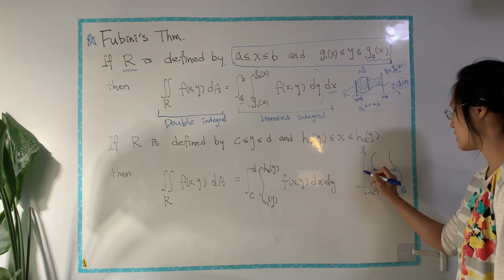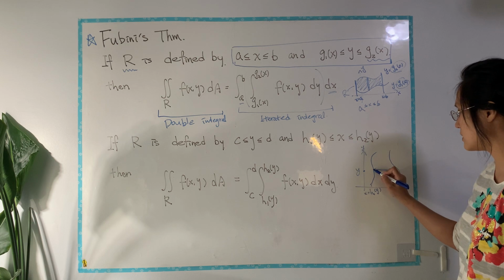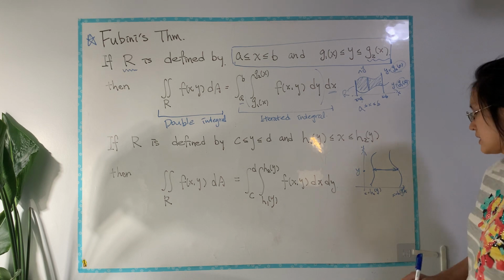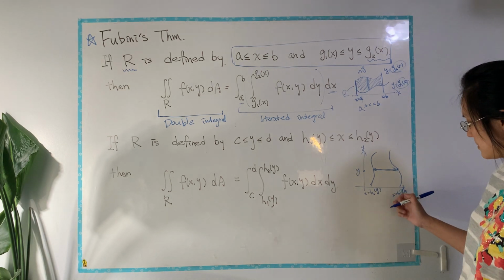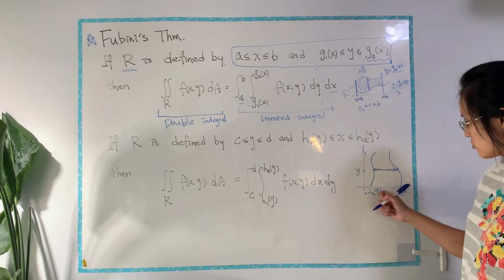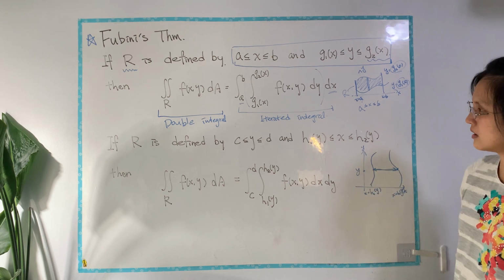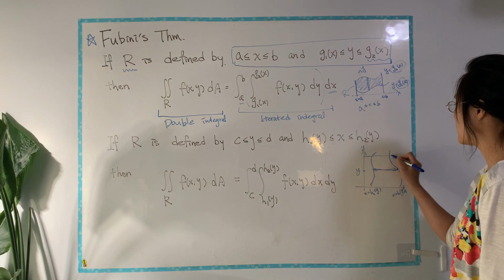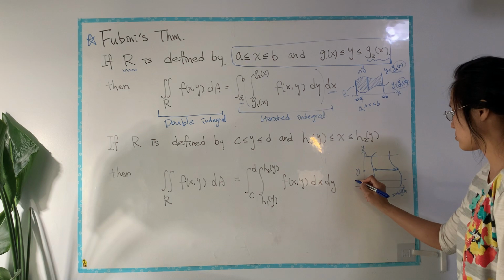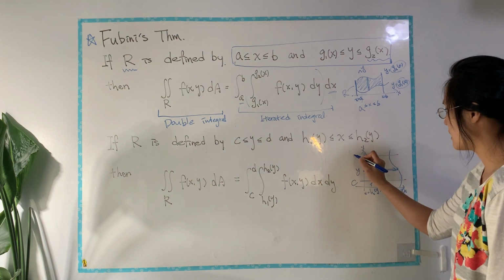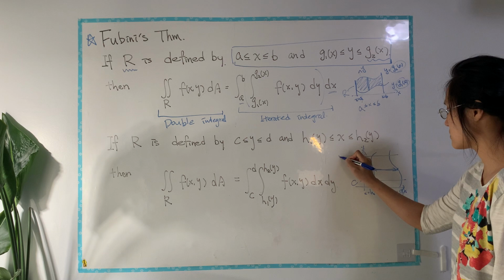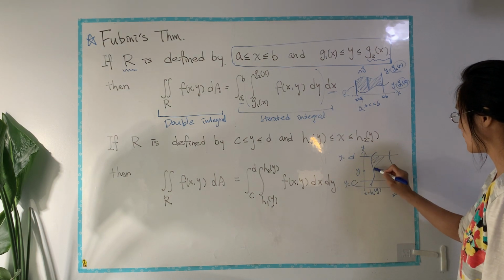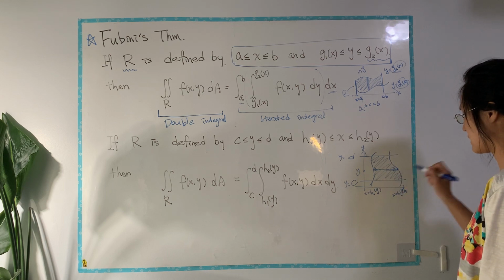For each y value, you have a lower limit for x and then an upper limit for x. The lower limit and upper limit depend on the functions h1, h2, and the y value. You only care about the part where y is between a number c and a number d. So this is y equal to d and this is y equal to c. Now we are looking at a region that's like this.